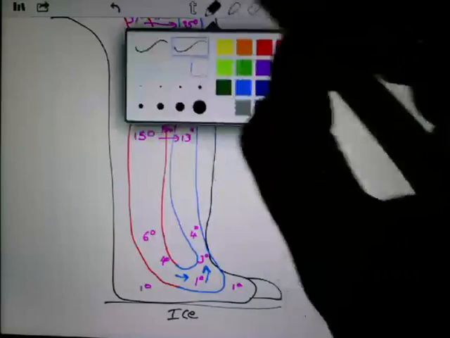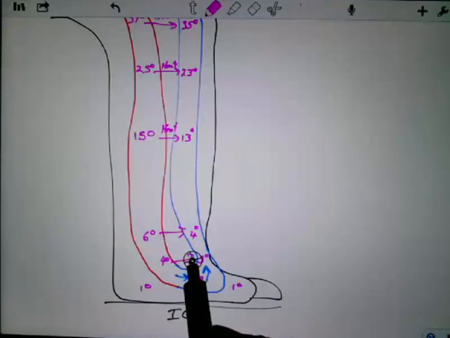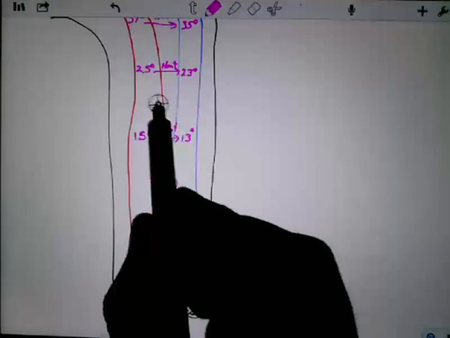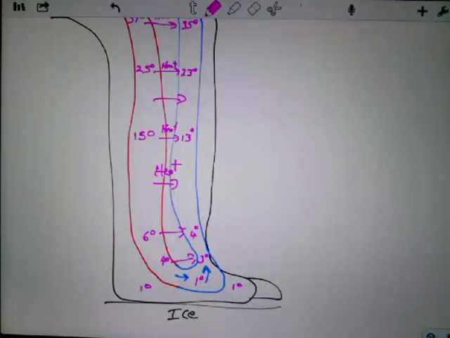So the result is that along this whole pathway, no matter where we are, we've got heat transfer. So this is countercurrent exchange in a dog or a wolf.